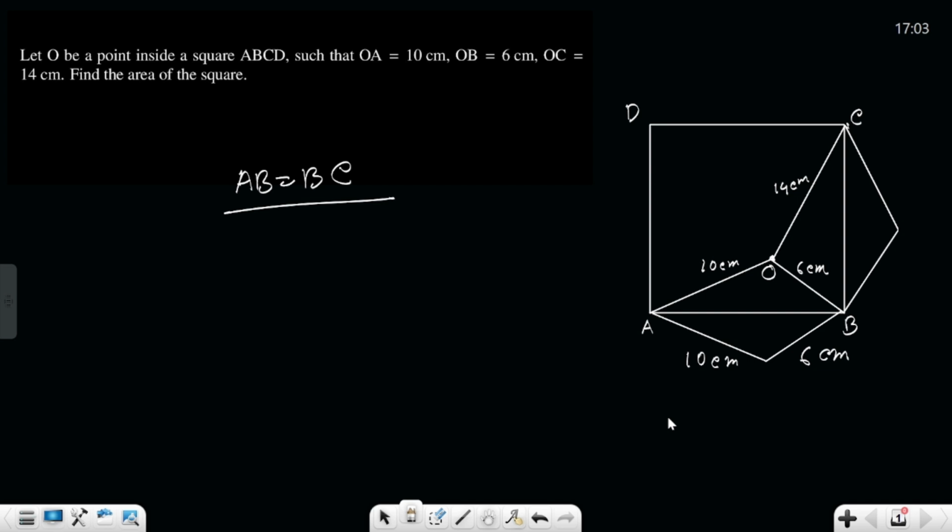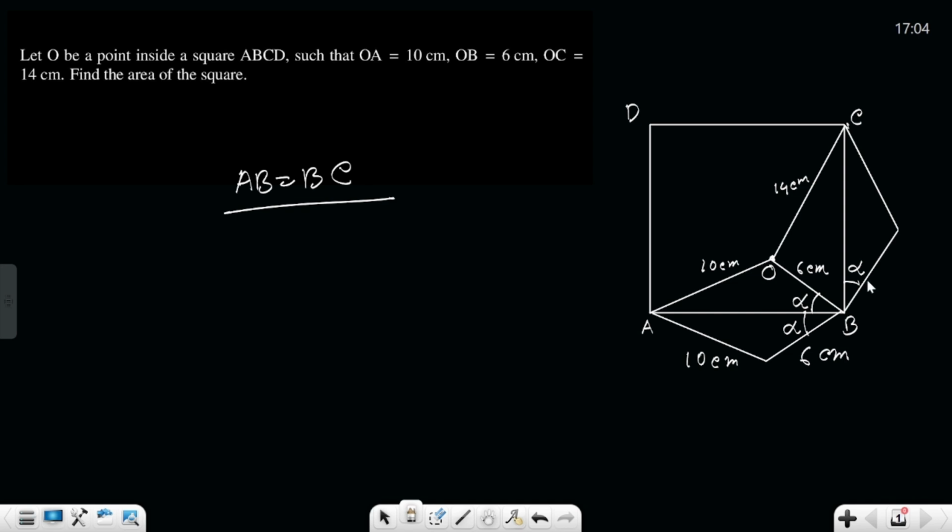Now let angle ABO be alpha. If I ask you what angle this is, you will say this is also alpha because this is the mirror image, right? So according to that, this angle will also be alpha.